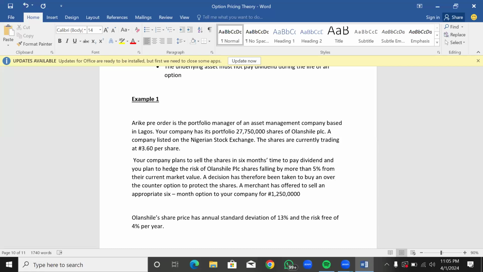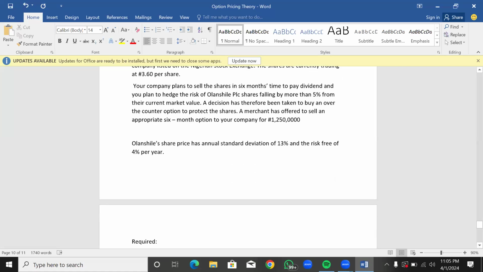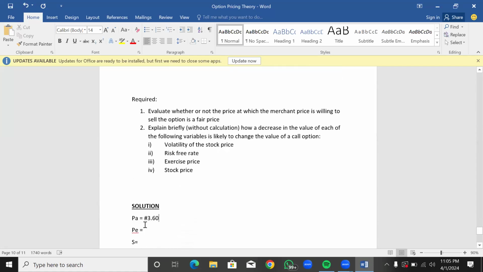That's what I explained as exercise price yesterday. A 5% drop on the current market price. 5% of what? 5% of PA. So that's 95% of 3.6. Which one am I going with, 5% or 95%? 95% of 3.6. Thank you very much.